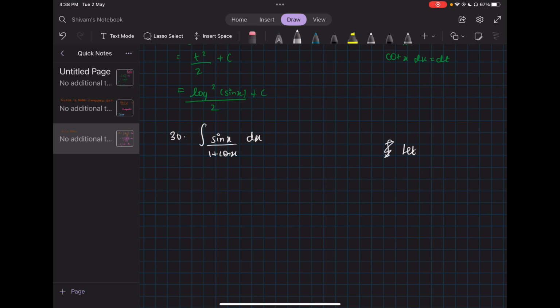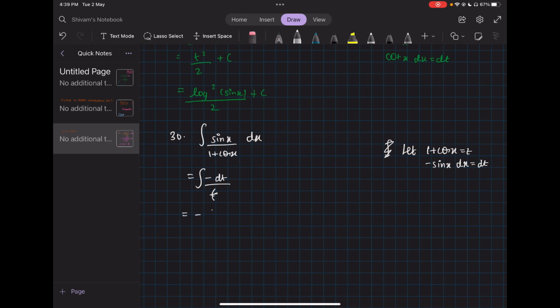I'm gonna let 1 plus cosine of x equals t, then negative sine x dx becomes dt. And now, since we have a positive sine x dx, I'm just gonna take a negative, and then we have a dt over t, because that's what we took t to be.